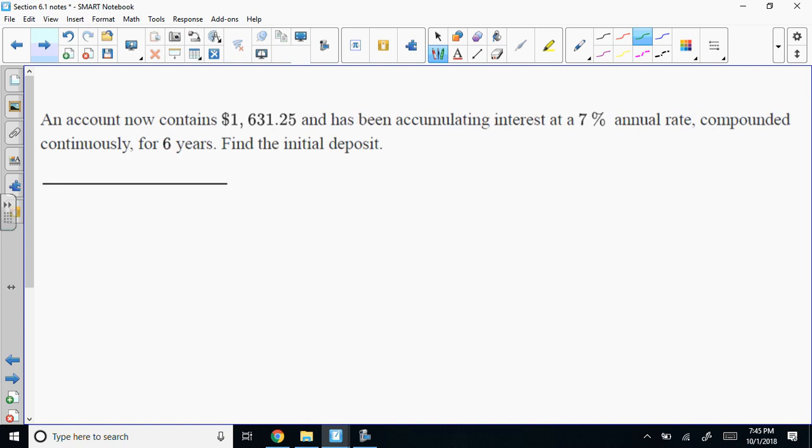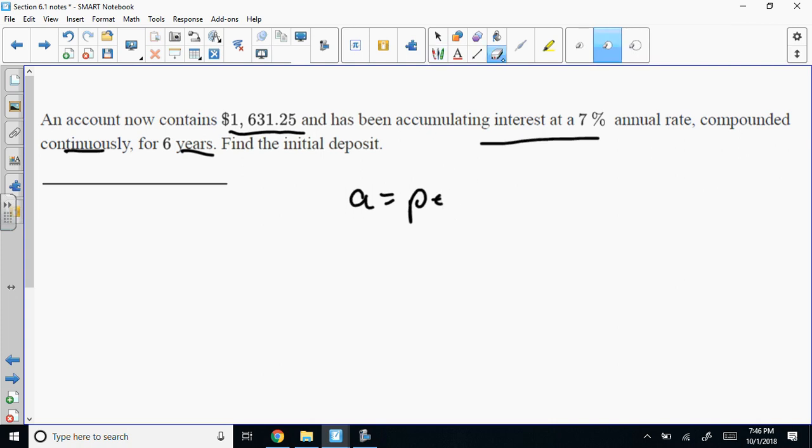Good. All right. So let's look at it again. An account now contains $1,631.25 and has been accumulating 7% interest at an annual rate compounded continuously for 6 years. Find the initial deposit. Well, A equals PERT, right?